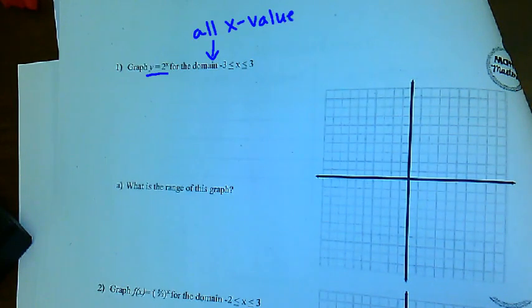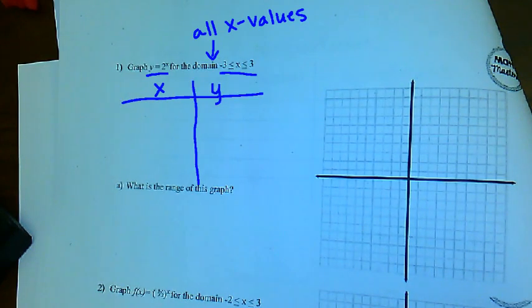When they do this, remember they are telling you where to start from. So they want all of the x values from -3 to +3. I'm going to set up my table, and I'm going to go 3, 2, 1, 0, -1, -2, -3.